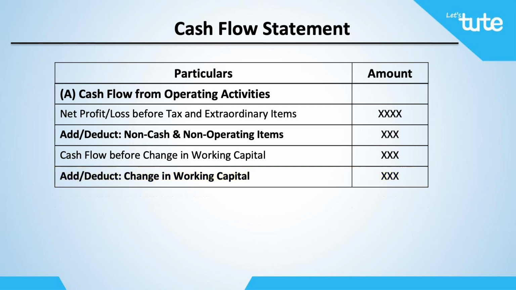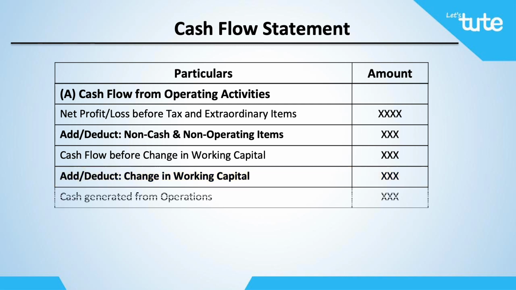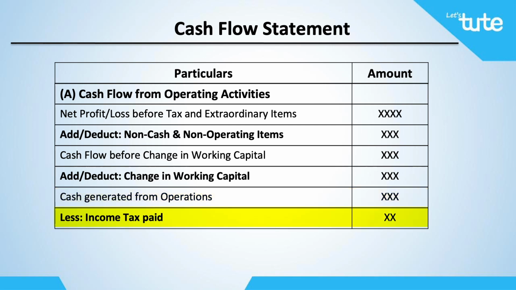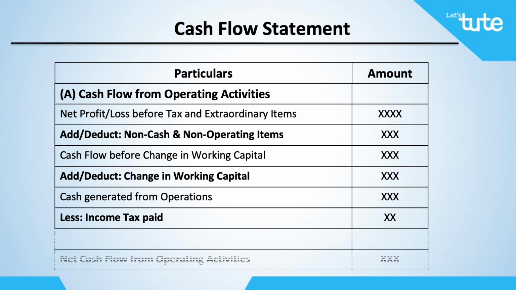After completing the above steps, we will arrive at the figure of cash generated from operations. After this, we need to deduct income tax paid during the year. And lastly, we adjust any extraordinary income receipt or expense payments as a separate line item, and we can get the figure of net cash flow from operating activities.